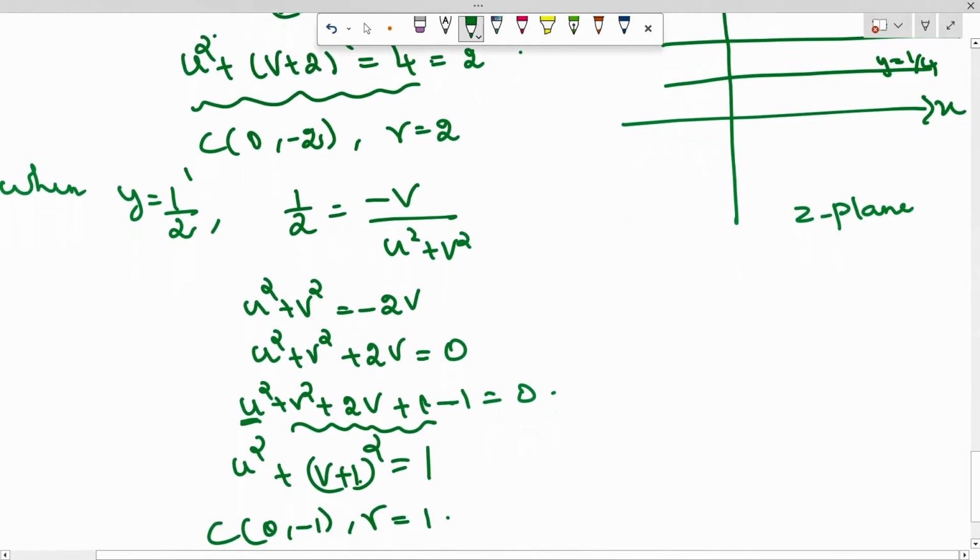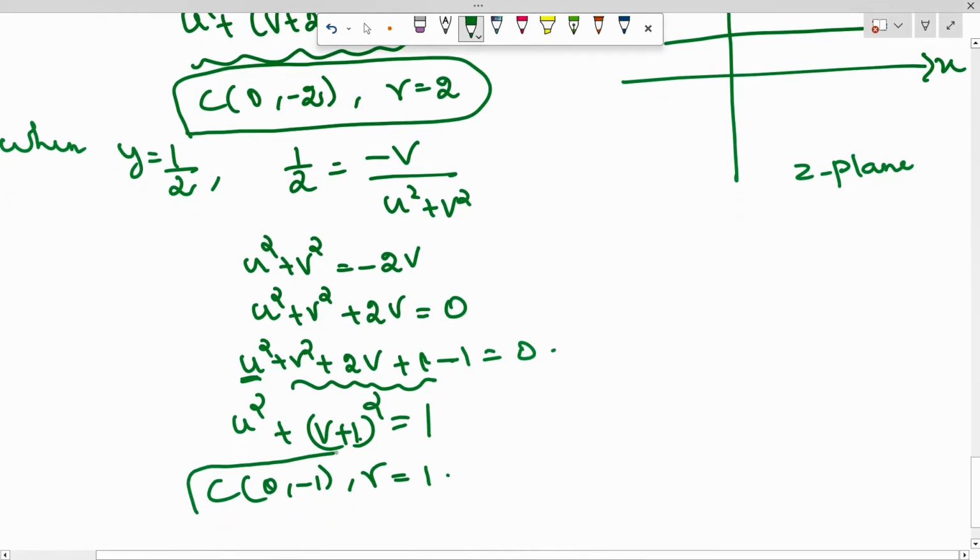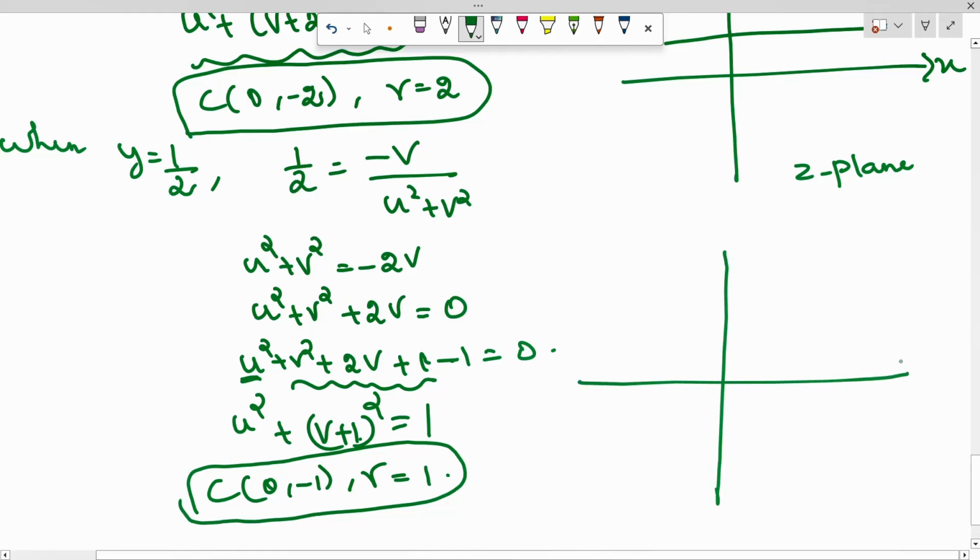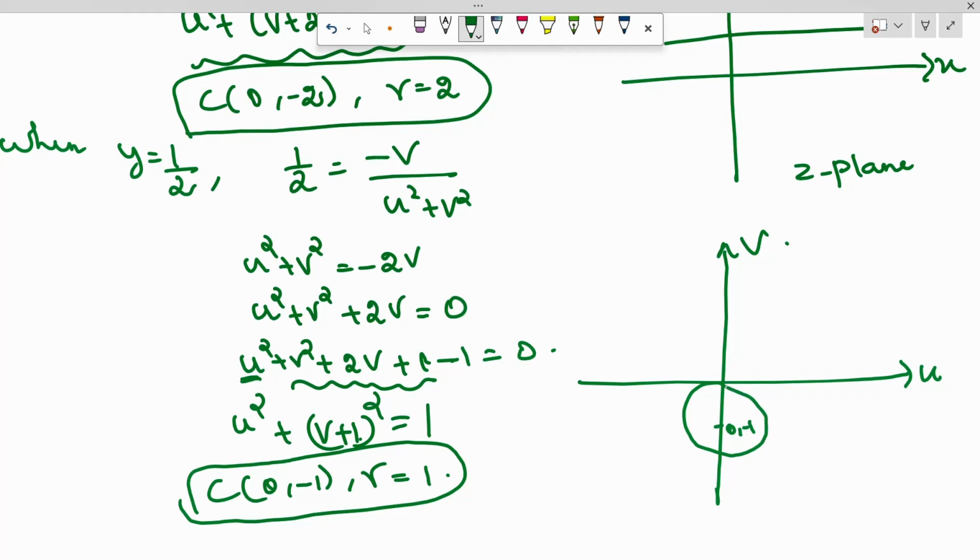W plane image: circles. The centers of the circles are 0 comma minus 1 for the first one and 0 comma minus 2 for the second one. On the u-axis and v-axis, first we draw the circle with center 0 comma minus 1 here, and then 0 comma minus 2 here. Draw the other circle, which is the W plane image.